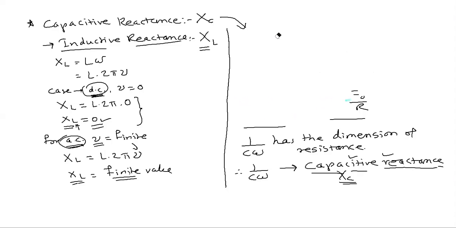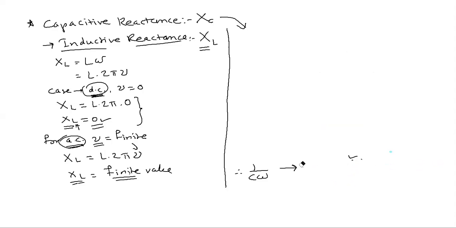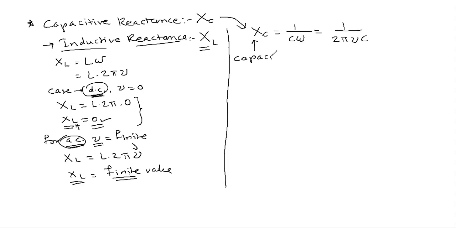So I will use here the capacitive reactance Xc. Xc is equal to 1 upon C omega, that means 1 upon 2 pi nu into C. This is called capacitive reactance.